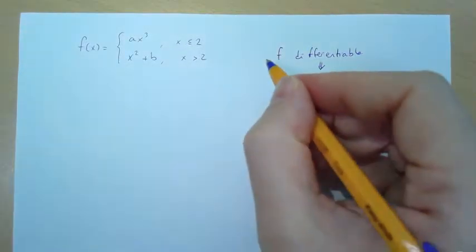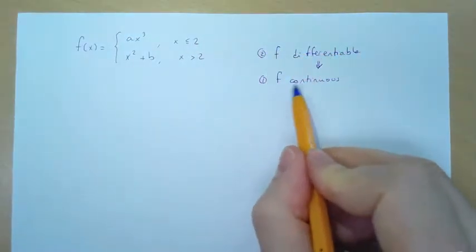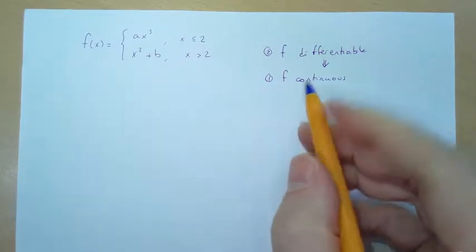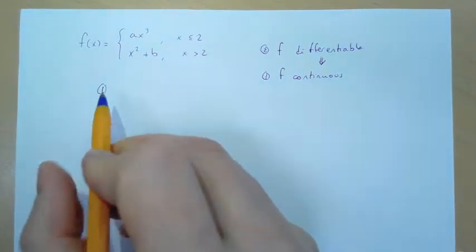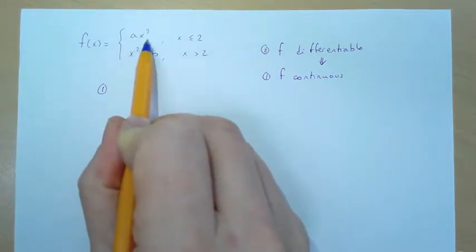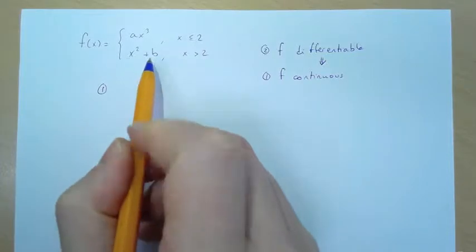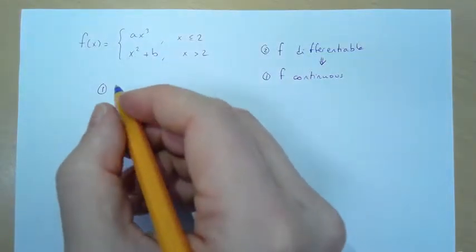So in fact, we have two specific elements that we can use. I'm going to start with f continuous. If f is continuous, what it means is that at x equals 2, this expression here has to be equal to that expression, so that the two parts of the graph are actually touching each other.